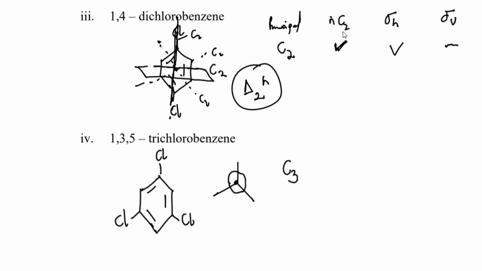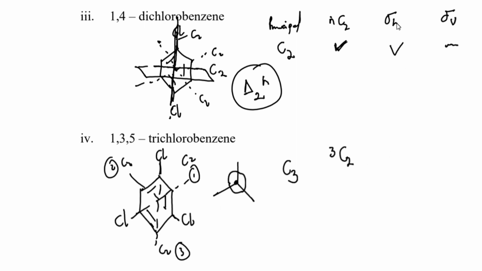So let's look for the NC2. So we should have 3 C2s, right? So basically we have 1 C2 here, another C2 here, and another C2 here. So we have 3 C2s. So this is right.